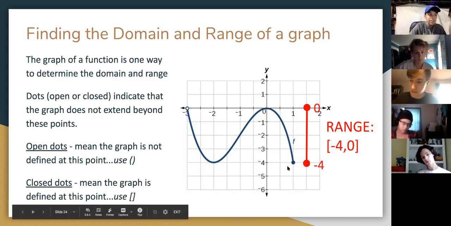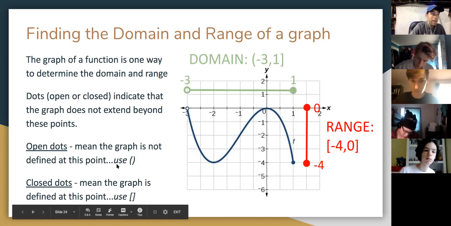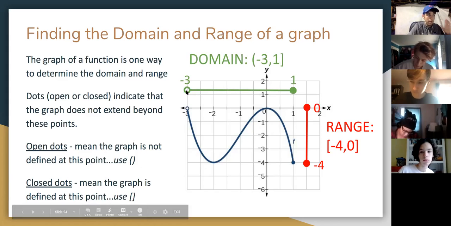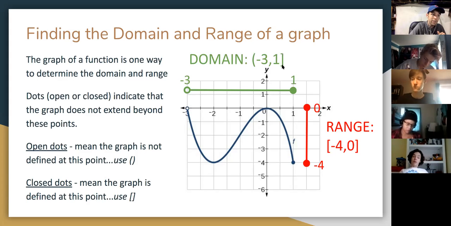And closed dots mean we use brackets because the function is defined at that particular value. So our domain here is from -3, not including that value, to 1, including that value. So it looks like that: -3, not included, we use parentheses there; 1 is included, we use a bracket with that.